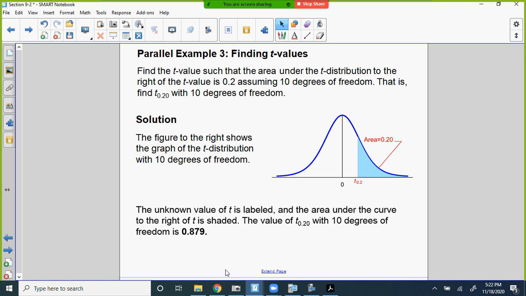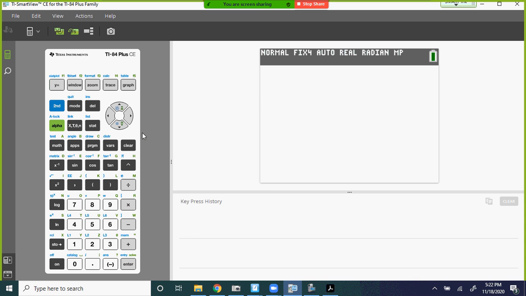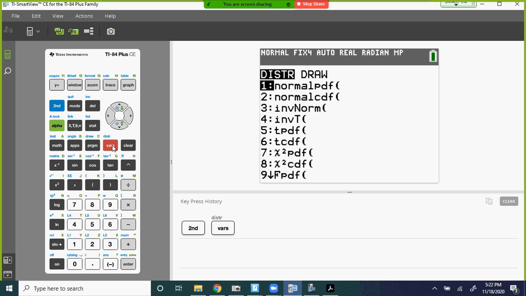So let's show you how to do it with a calculator, because that's really how you want to know. So how do I do this? Second, vars. They're giving us the area, and if you think about when they gave us the area of a z-score, we used inverse norm, number 3. Well, look at number 4. It's inverse t.